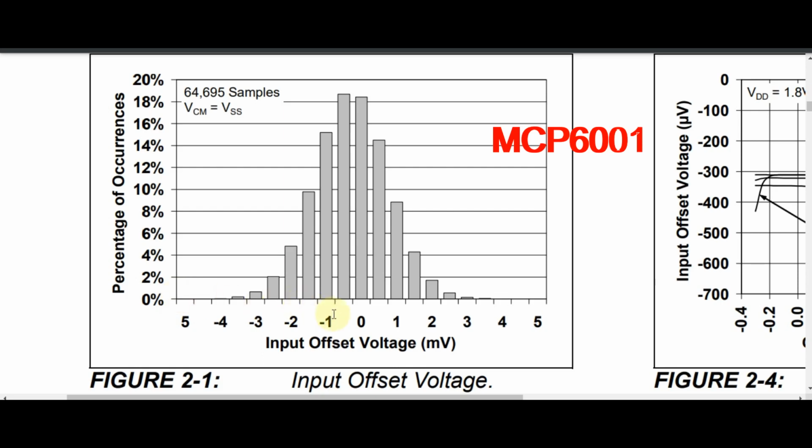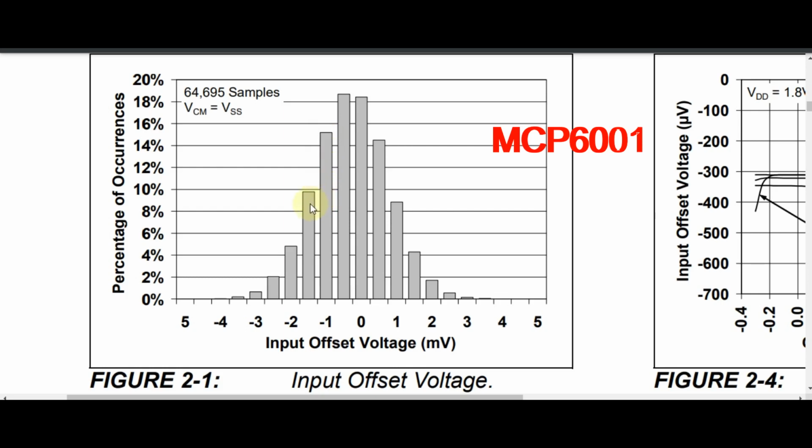Now let us talk about the negative offset voltage. Here is 0. At minus 0.5, you can see 19% of samples fall. Let us assume this is 1, so 15% of samples fall under minus 1 millivolt.